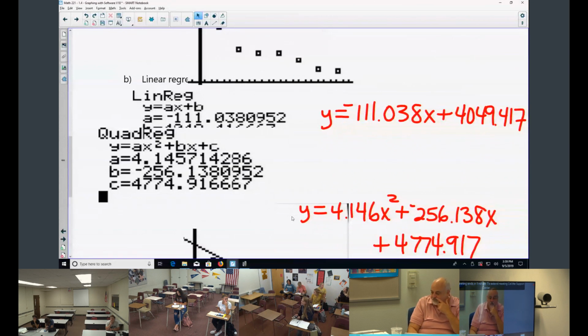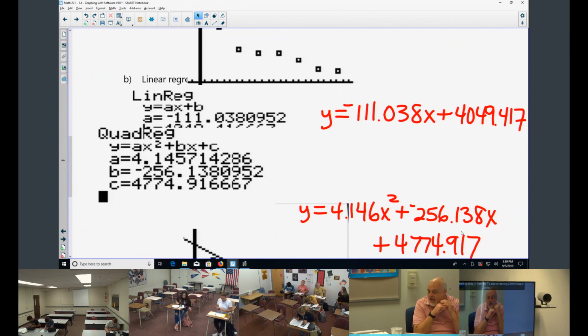Now the last two parts of this say graph each regression equation on the same window as the stat plot. So you can type this in for the Y1 and this in for the Y2, and then you'll see the graph.